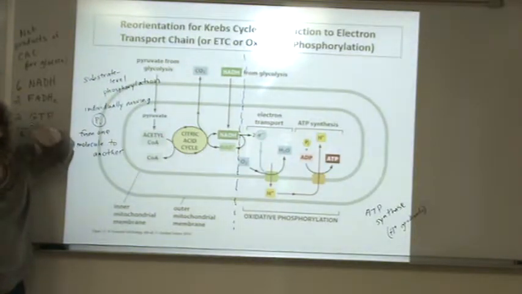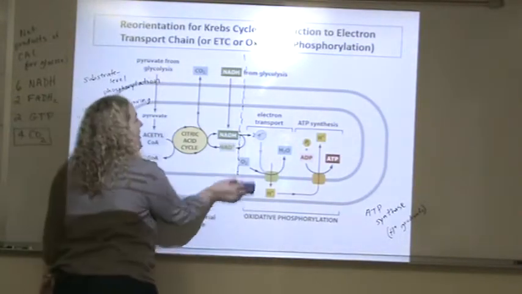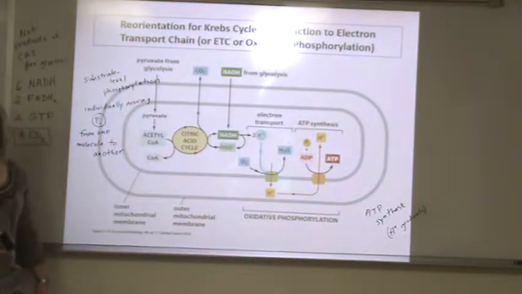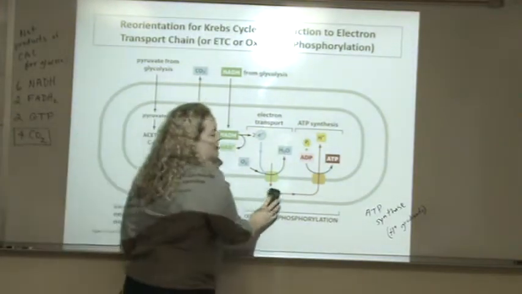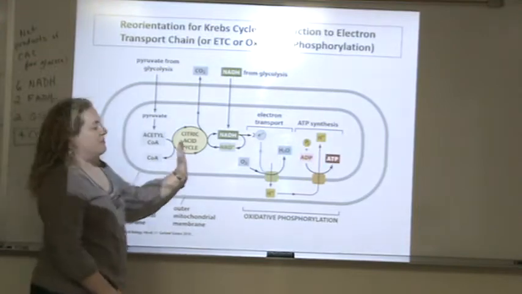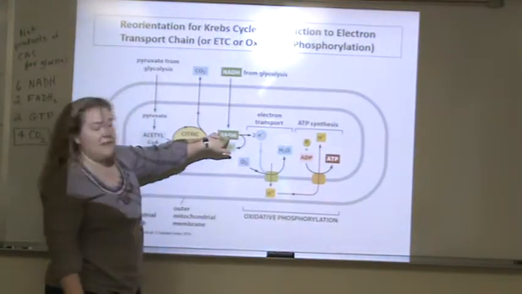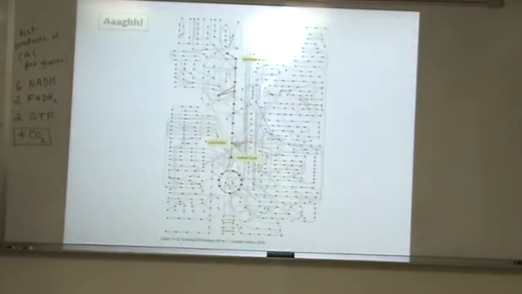That substrate level phosphorylation and oxidative phosphorylation, those are really prevalent on standardized tests for some reason. It seems a little overemphasized to me, but good terms to know. So remember that from standpoint of electron transport chain, NADH and FADH2 are the important incoming players there.